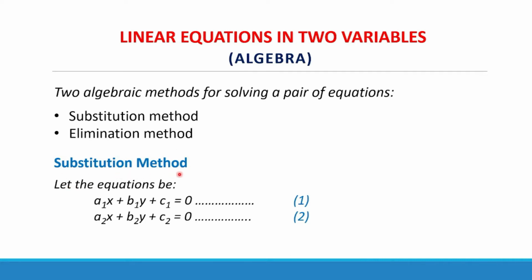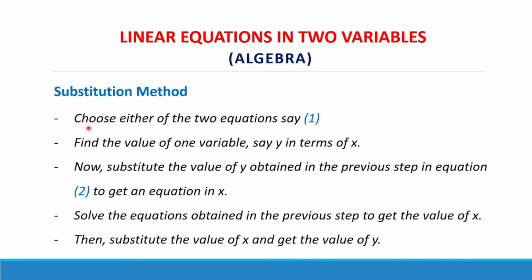For the substitution method, let the equations be a1x + b1y + c1 = 0, equation 1, and a2x + b2y + c2 = 0, equation 2. After that, choose either of the two equations, say equation 1.